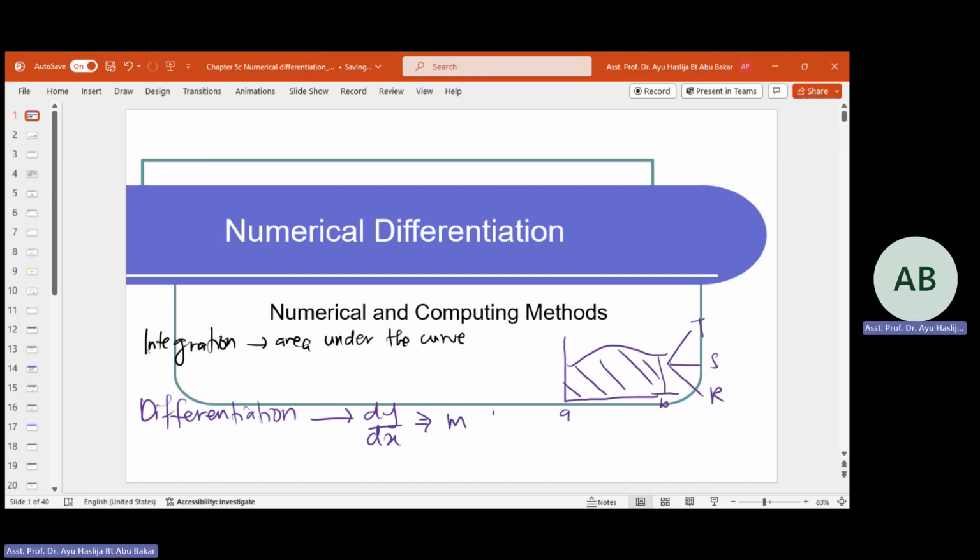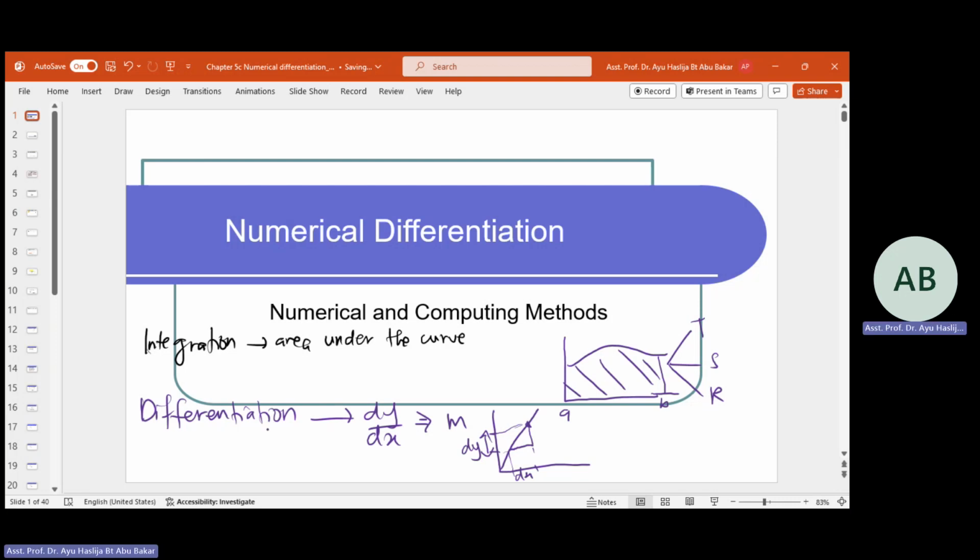Right, last time. If we want to find the slope, you will have dy over dx. So you'll get the slope.